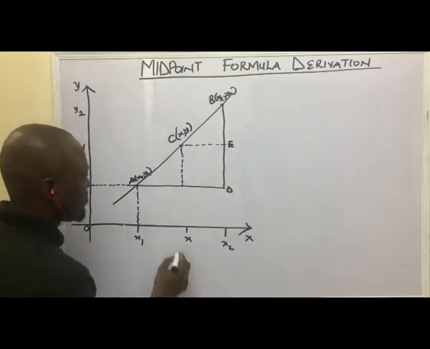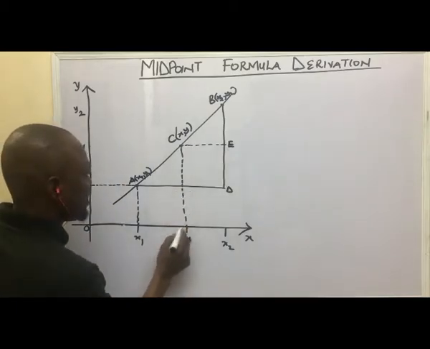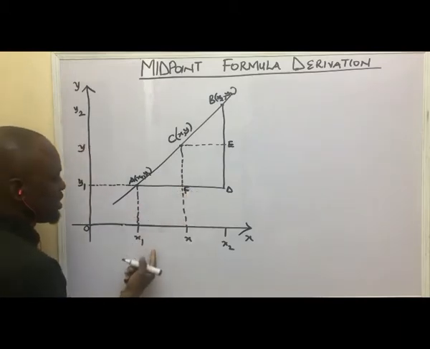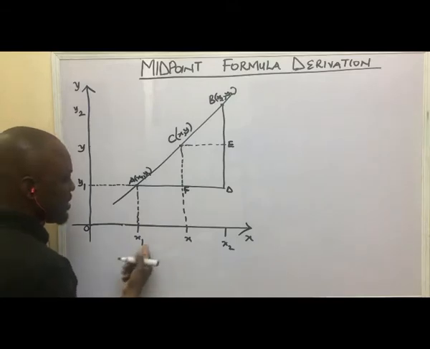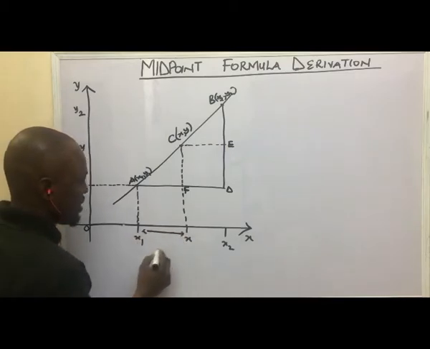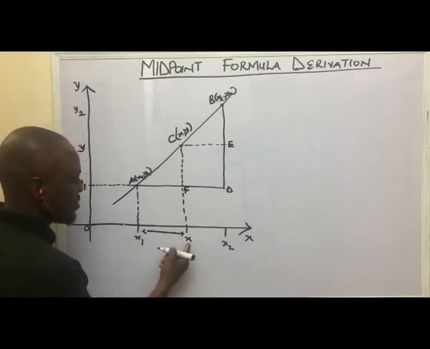Now, I want to find the distance. Okay, let me call this F. This point is F. I want to find the distance between x of 1, the distance between x and x of 1. So if I do that, I'm going to get x minus x of 1.